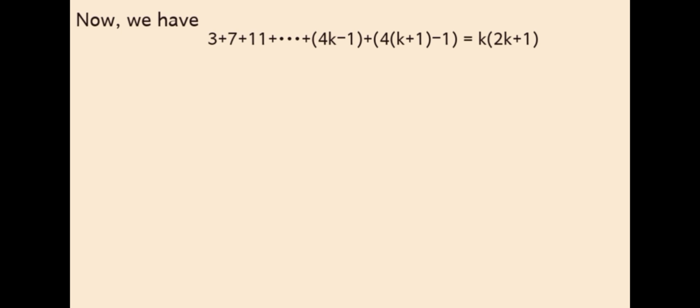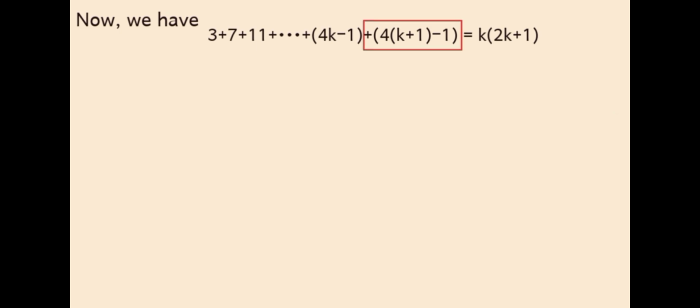Now we have the mathematical statement 3 plus 7 plus 11 plus ellipsis plus the quantity of 4k minus 1 plus the quantity of 4 times the quantity of k plus 1 minus 1 is equal to k times the quantity of 2k plus 1. You notice that on the left hand of our statement, we added 4 times the quantity k plus 1 minus 1.